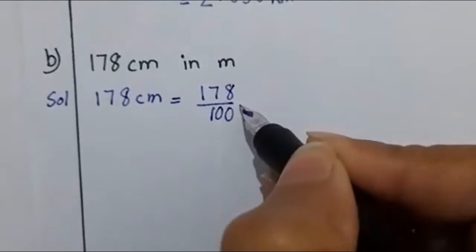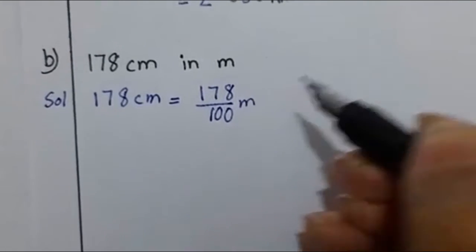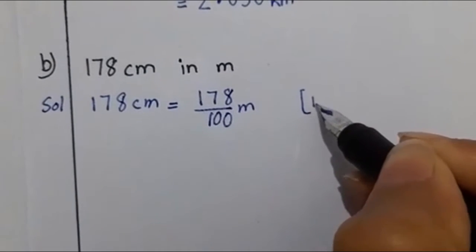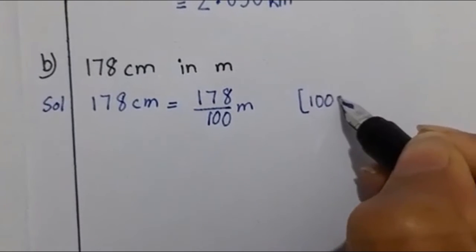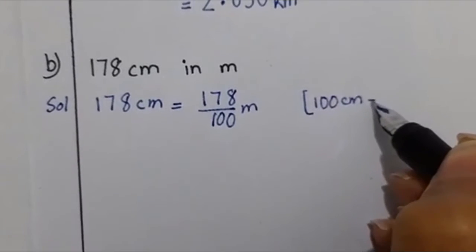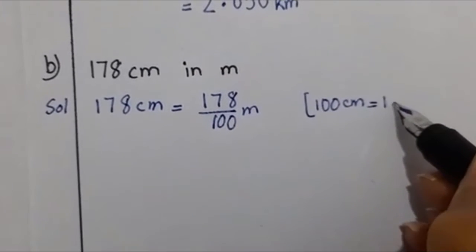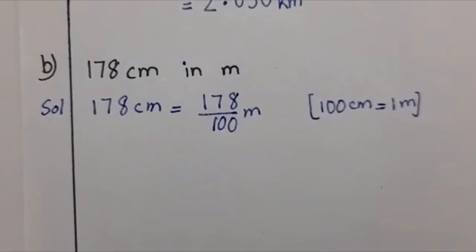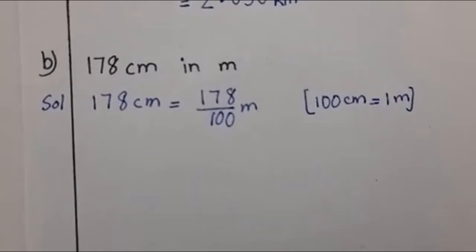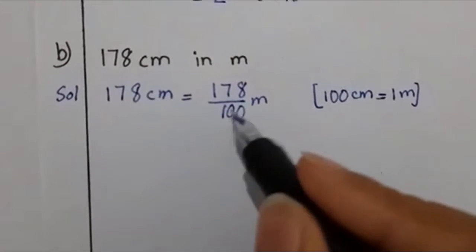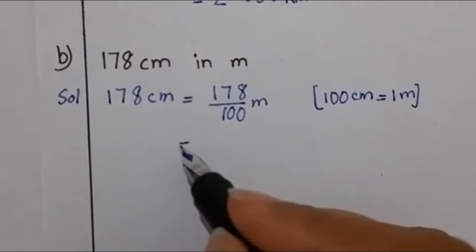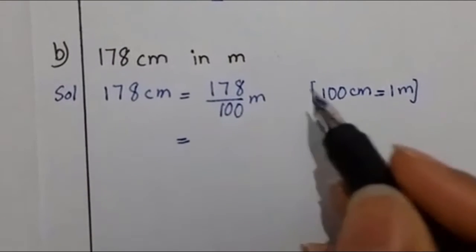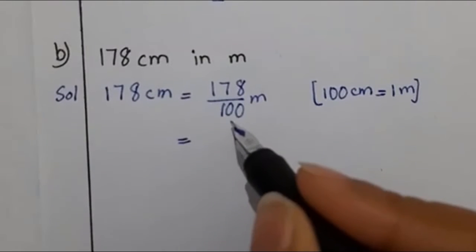And now this centimeter will become meter. And I will write after some space that 100 centimeters combine to make, or equals, 1 meter. Okay boys. Now what I have to do, I have to divide it, and you know when in the denominator there is 10, 100, 1000, we can change the numerator into the decimal number.